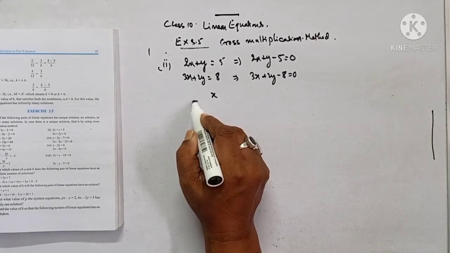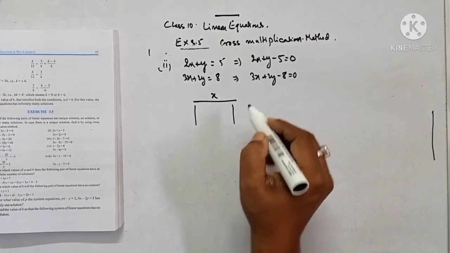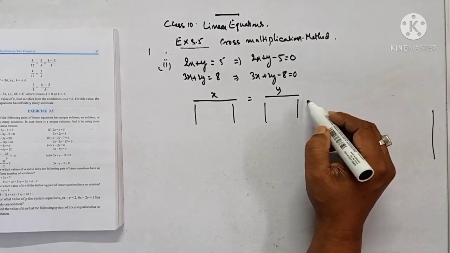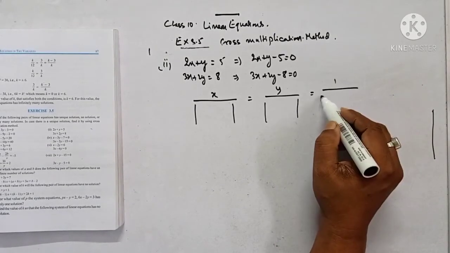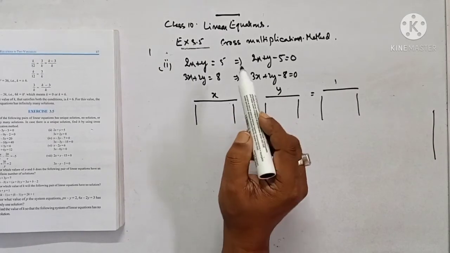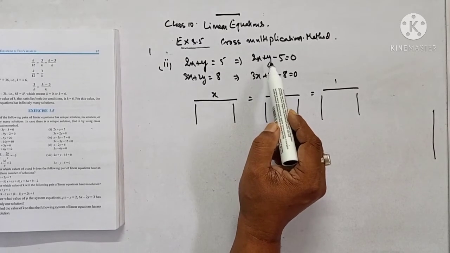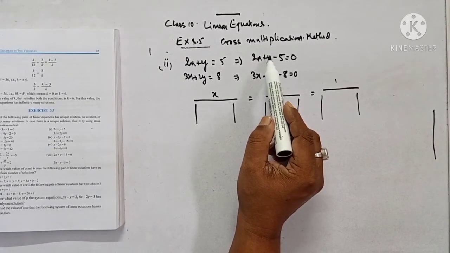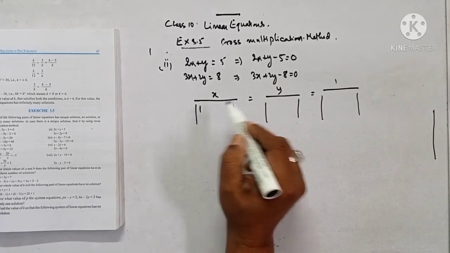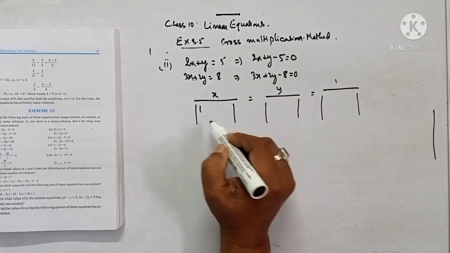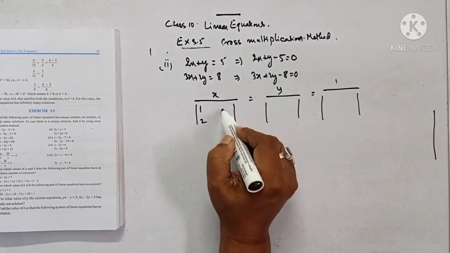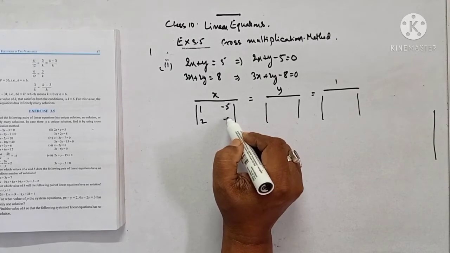Cross multiplication method, here you see carefully. First of all you write like this, then 1 by. While finding the value of x, you remove this x, and now the coefficient of y is 1 with sign, and the coefficient in the next equation is 2, and c1 and c2 are minus 5 and minus 8.